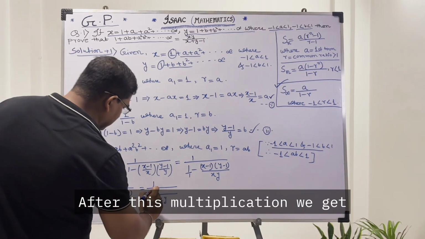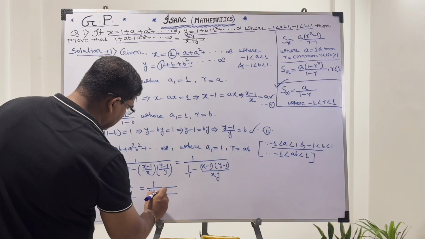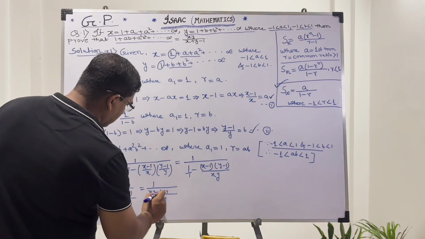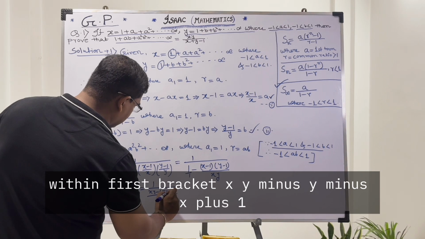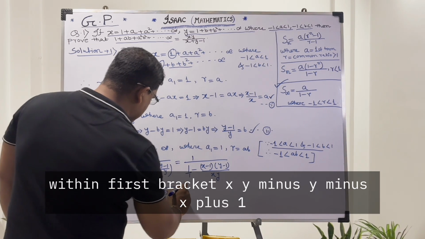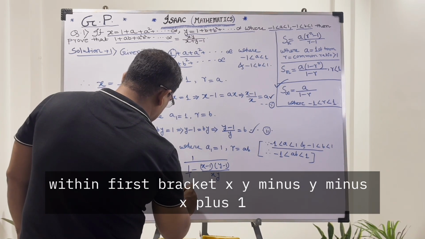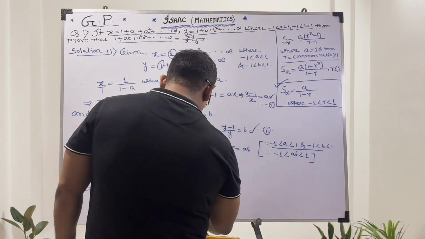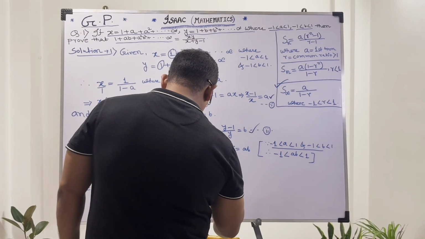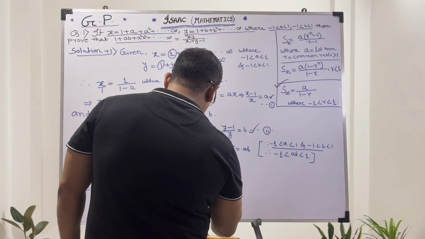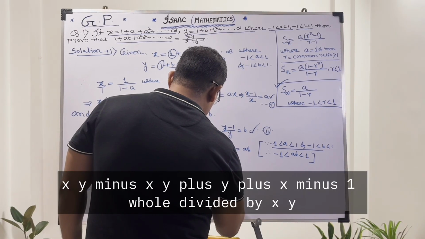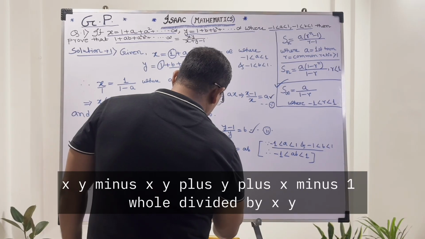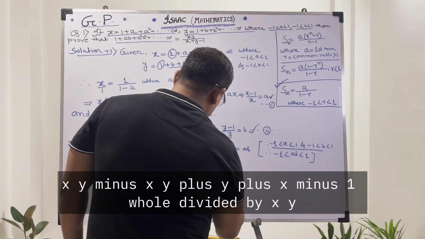After this multiplication we get xy minus, within the first bracket, xy minus y minus x plus 1, then xy minus xy plus y plus x minus 1, whole divided by xy.